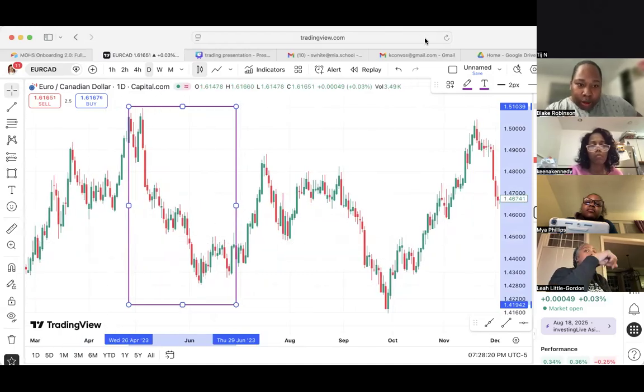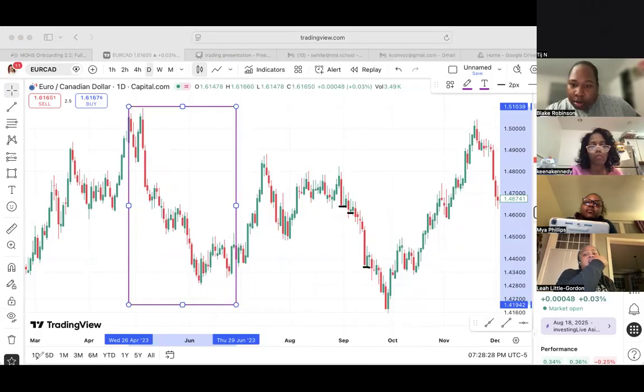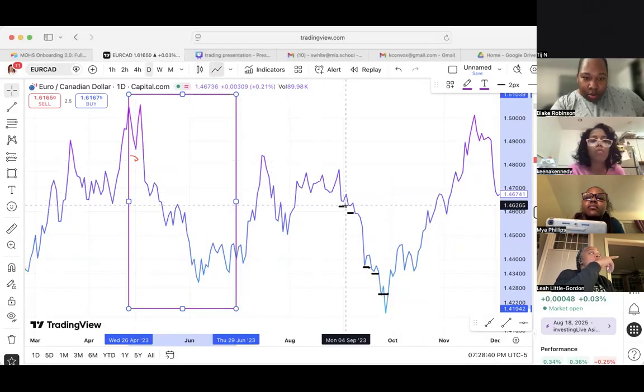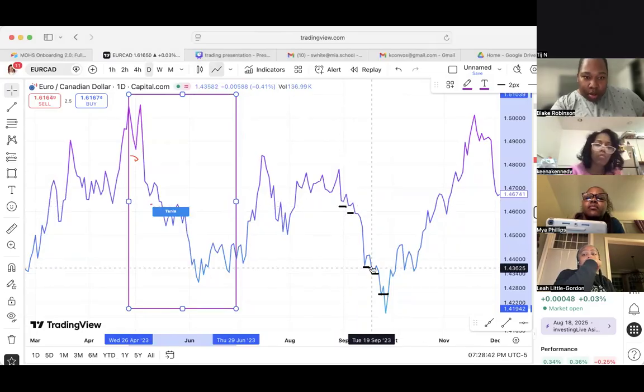Lower lows is the same concept, but now you're looking for red, green, red, green, red, green, red, green. It's just the opposite of what we were doing. We're just looking for peaks, red, green. I'm gonna bring it to you on the line graph. We're just looking for peaks.